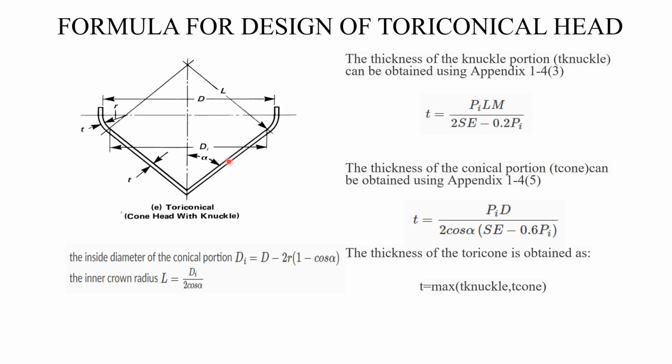So T for this arrangement will be defined by two formulas, that is Appendix 1-4(d), this is torispherical formula, and 1-4(e), this is conical formula, and here you will get T as maximum of T knuckle and T cone. So whatever maximum you have received, that will be the max thickness of the toriconical head.